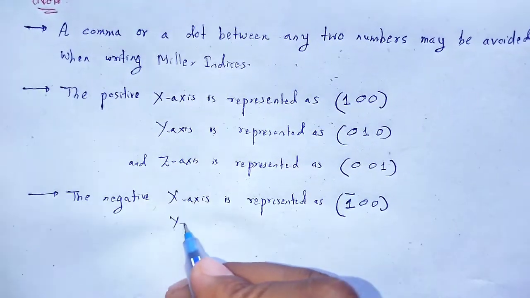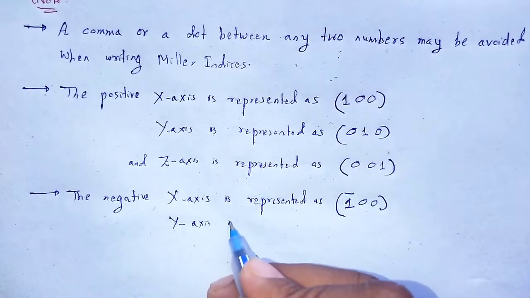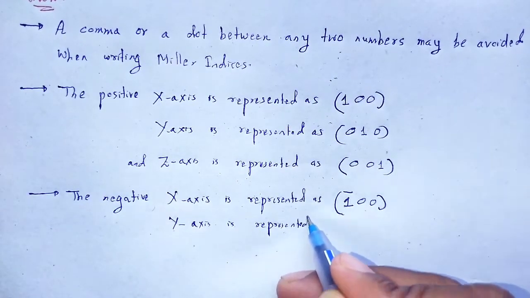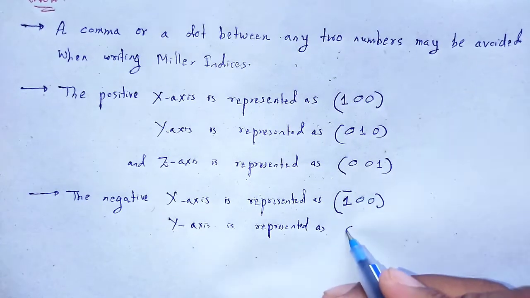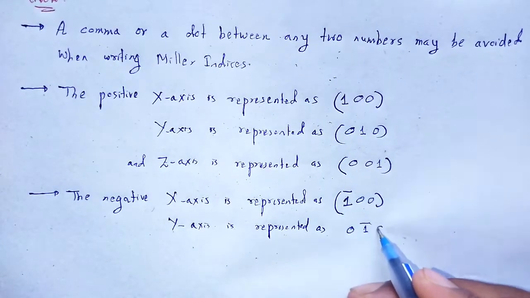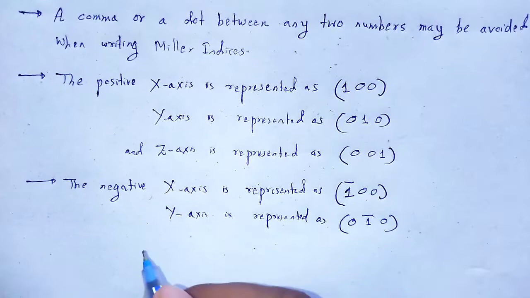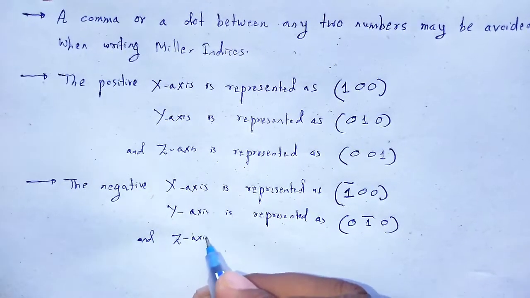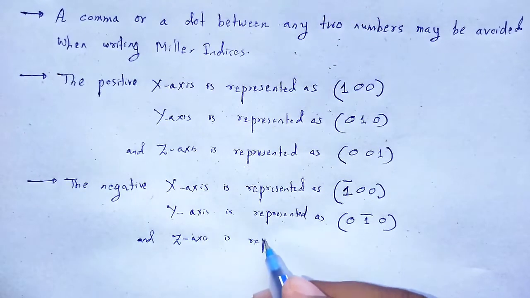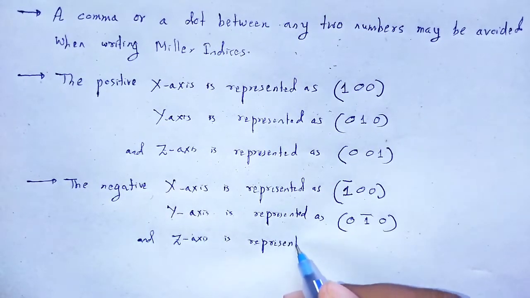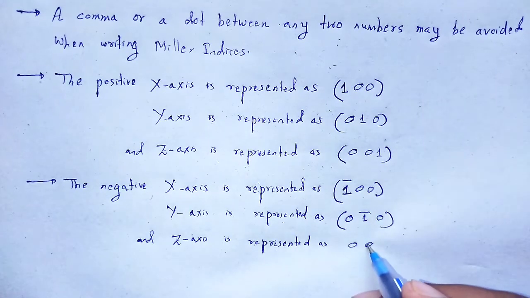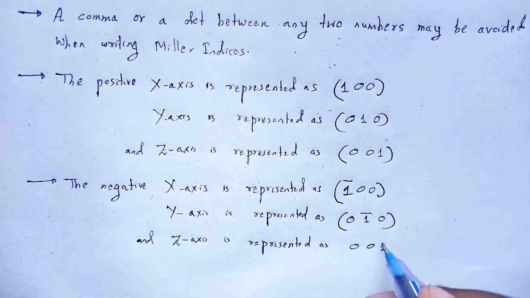Similarly, the negative y axis is represented as 0 1 bar 0, and the negative z axis is represented as 0 0 1 bar.